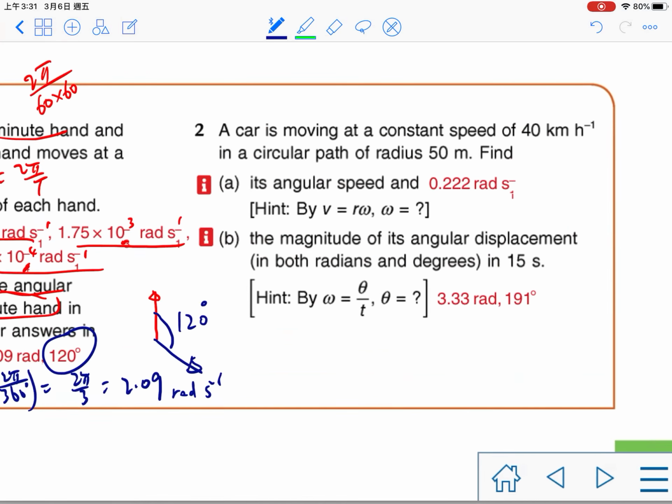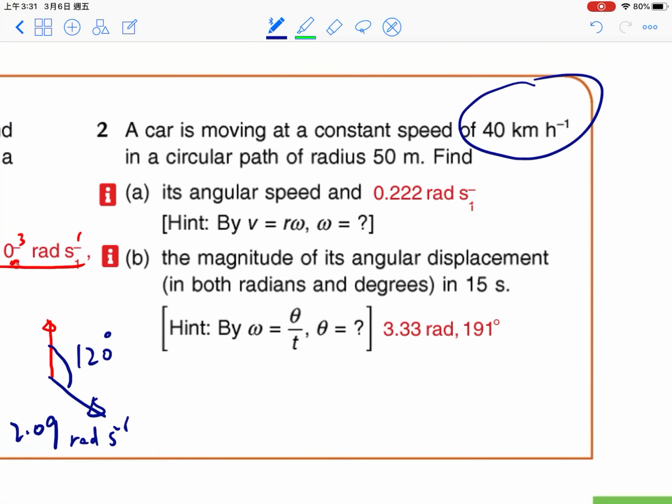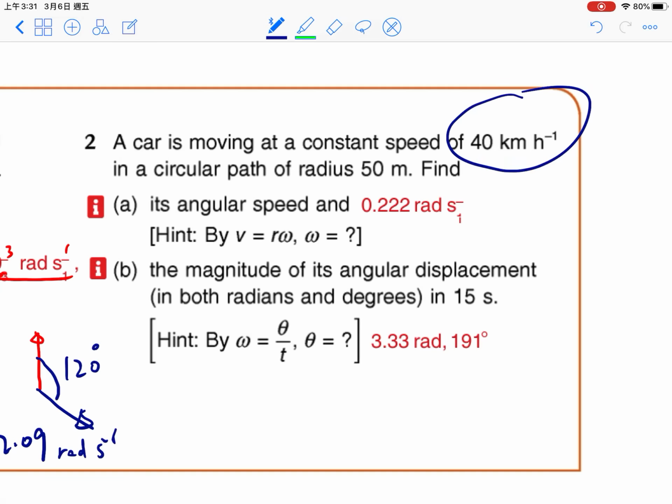Okay, that's question 1, and then we go to question 2. For question 2, a car is moving at constant speed, 40 km per hour. We need to know how to change to m s minus 1, the SI unit. That will be 40 over 3.6 m s minus 1. Kilometer to meter, hour to second.